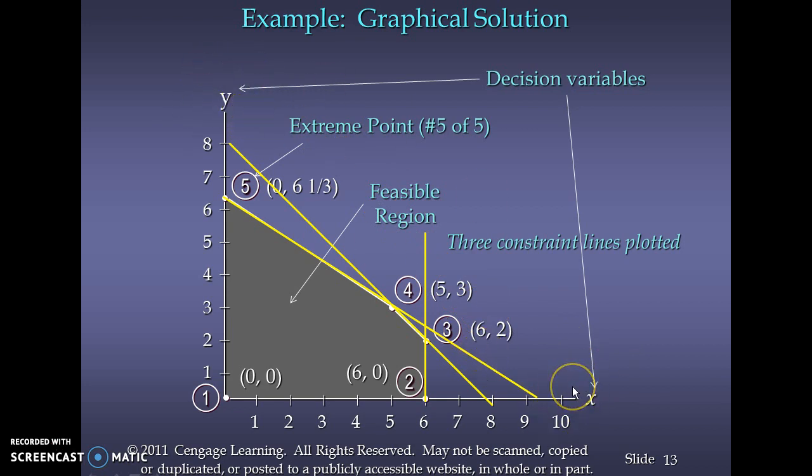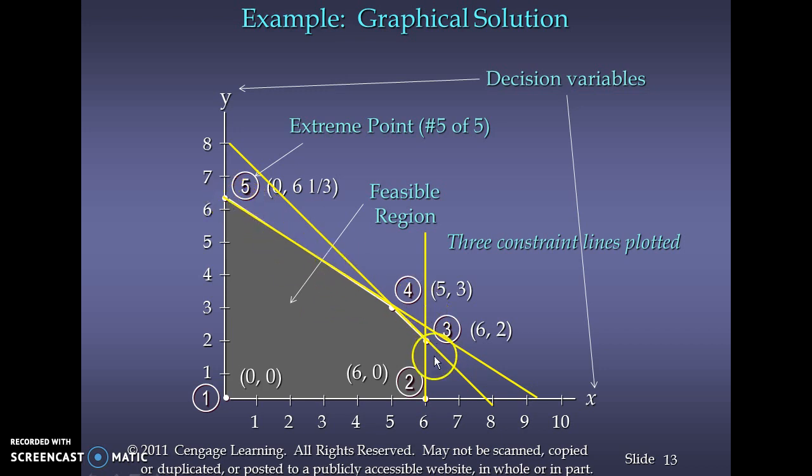Typically, if we're doing X and Y, I'd like the X to be on the horizontal, Y to be on the vertical, A to be on the horizontal, B to be on the vertical is the way I'll do it. And when we plot the constraint variables, we will test what things to identify the feasible region. I'm going to show you how to do those tests.